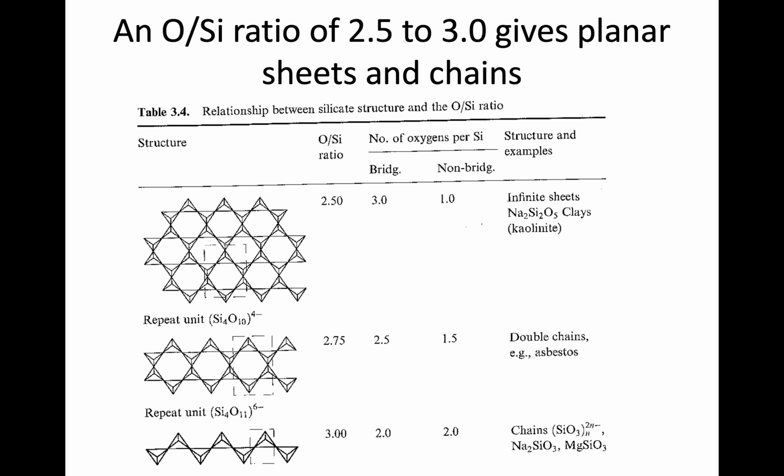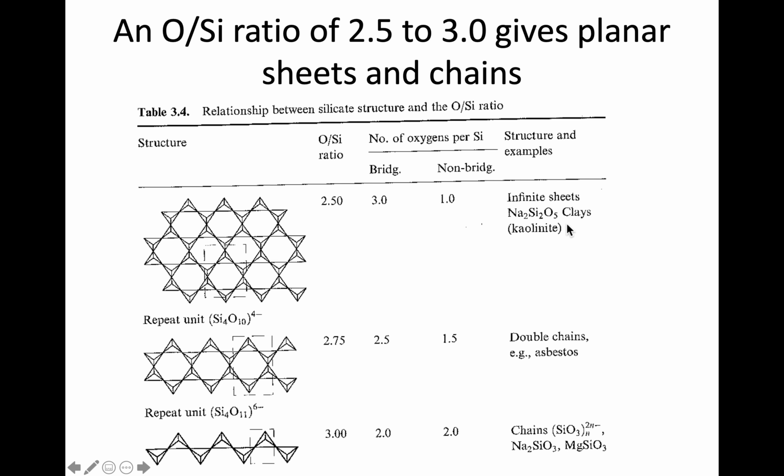If we have more and more oxygen relative to silicon, the number of bridged oxygens goes down and the number of non-bridged goes up. The next highest ratio is 2.5, which implies a sheet-like structure, a planar structure that you see here. They call it infinite sheets.